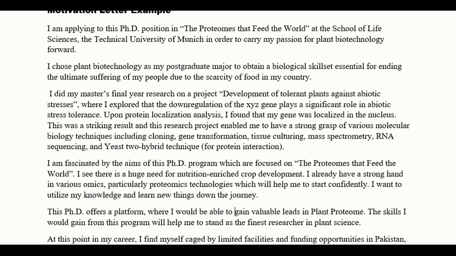Here you are explaining how your research will fit in a bigger picture, and how it is going to help the agriculture sector, and how you are planning to do your future research after getting skills from this program. So here you're saying the skills I would gain from this program will help me to stand as the finest researcher in plant science.